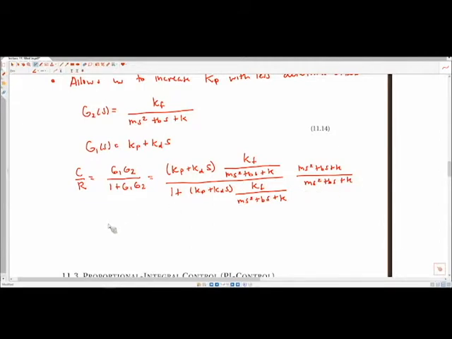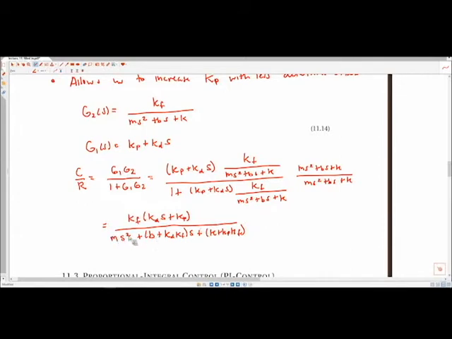And this gives us the total transfer function. Got the math up front.